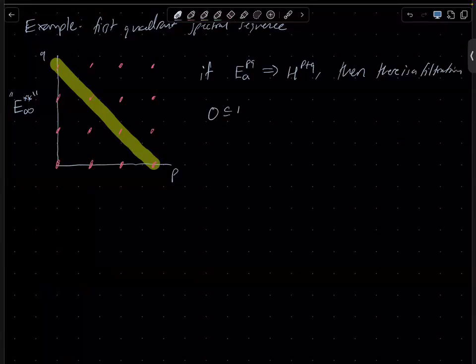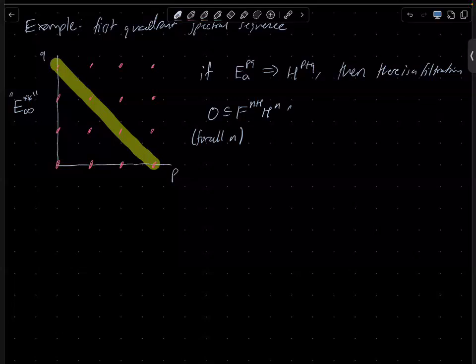Here, p plus q is equal to n, for all n. So F^{n+1}H^n is contained in F^nH^n, all the way down to F^0H^n, which is just H^n.